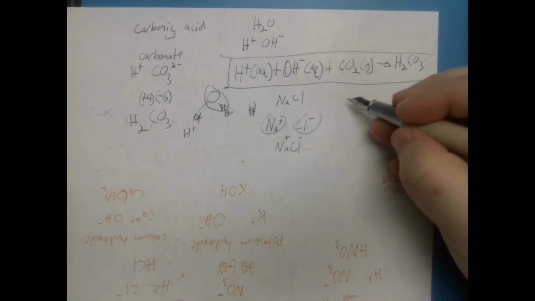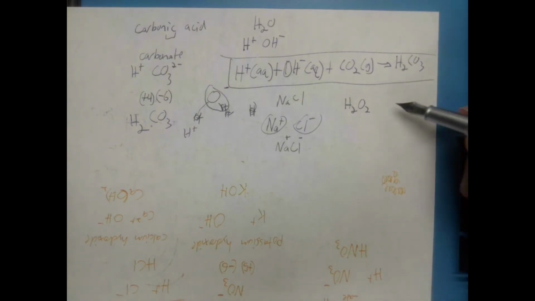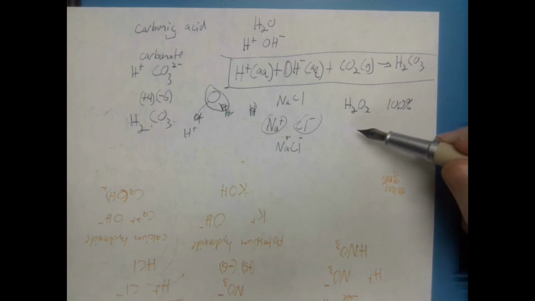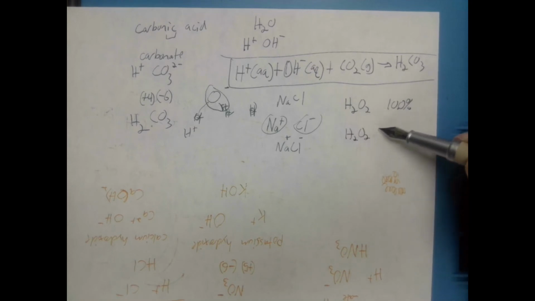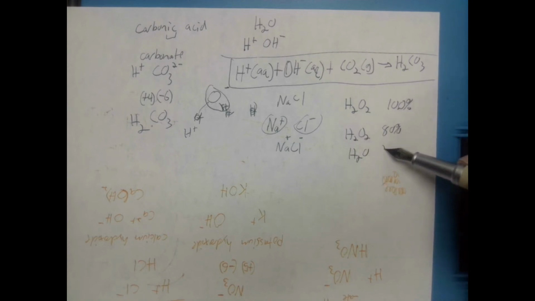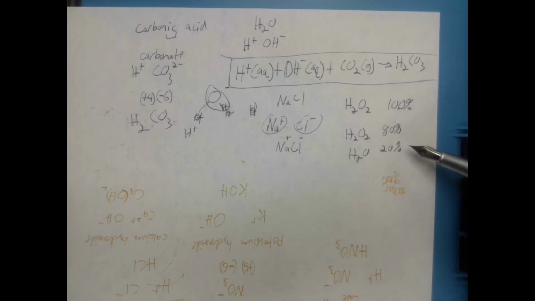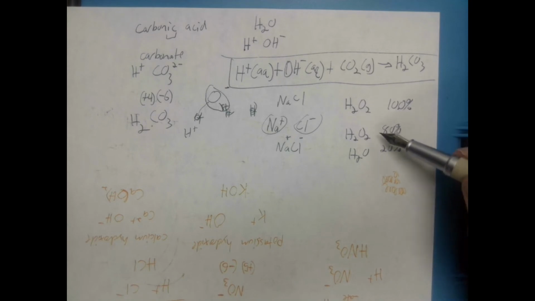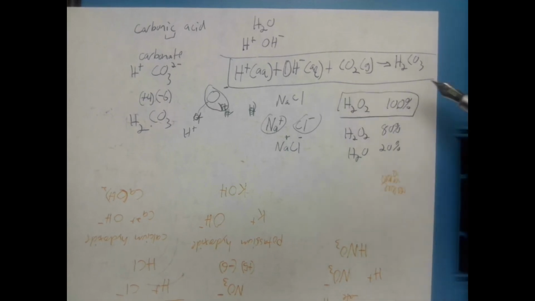If we had a pure bottle of just H2O2, so it's 100% this, very quickly what you'll end up with is something like H2O2 that's 80% and H2O 20%. It will quickly decompose to where there's some ratio where it's somewhat more stable. This is unstable to have this concentration.